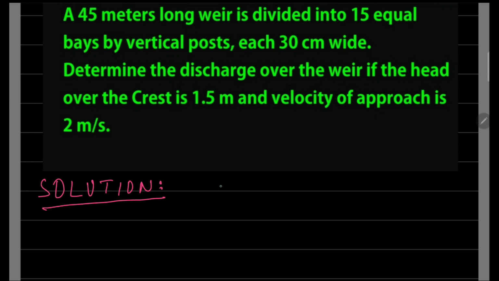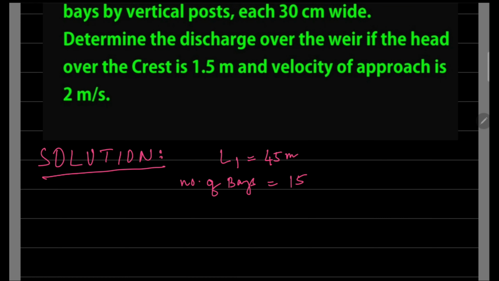So the length of the weir, let's say L1, is given as 45 meter, and the number of bays is 15. For 15 bays we need the posts.